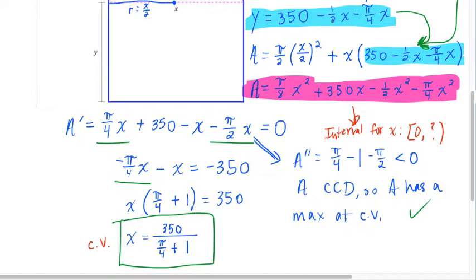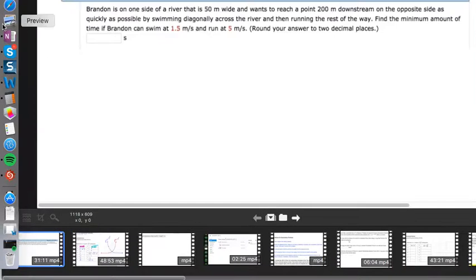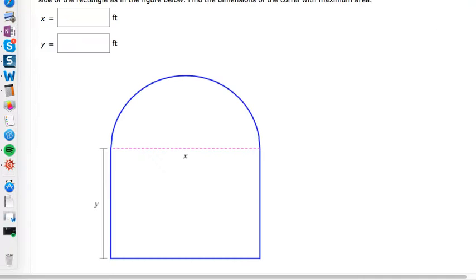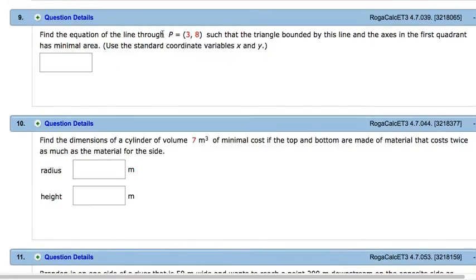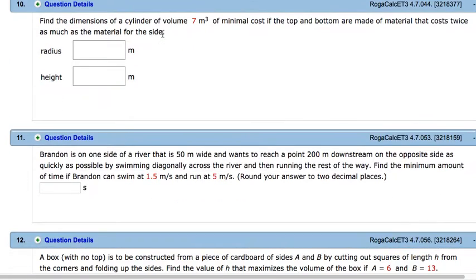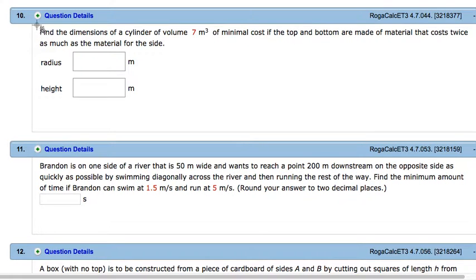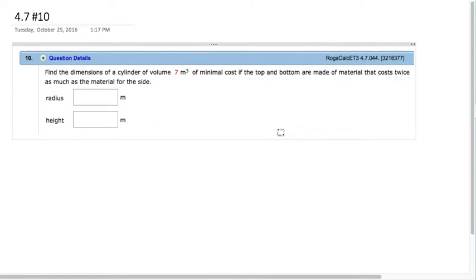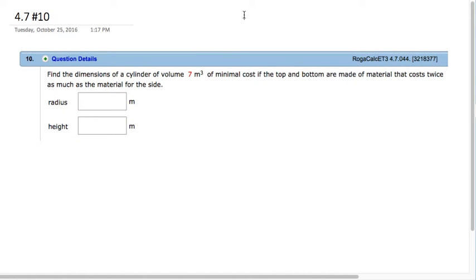We did 10. Have I done 10? Nope. Number 10.